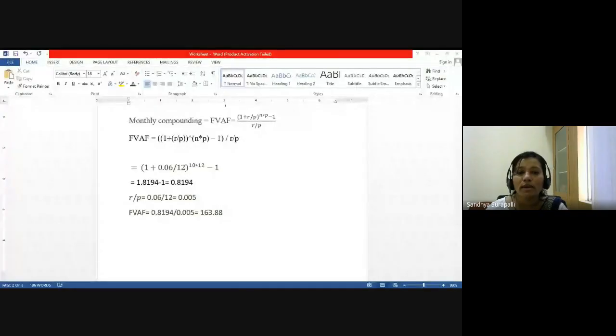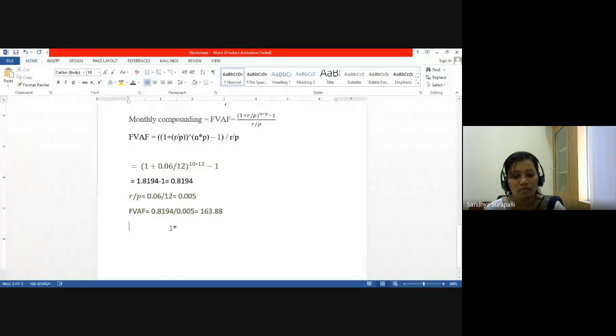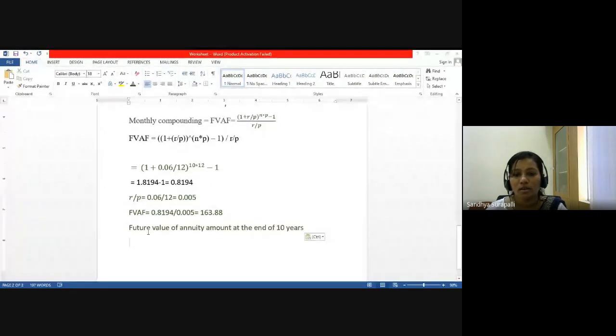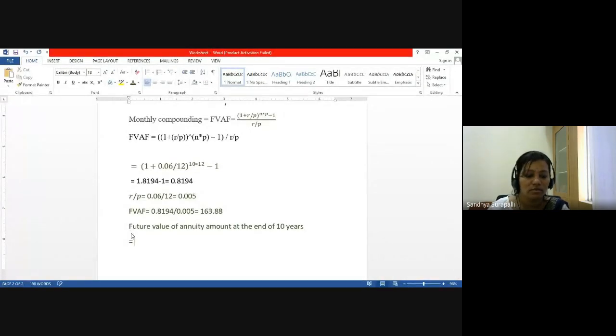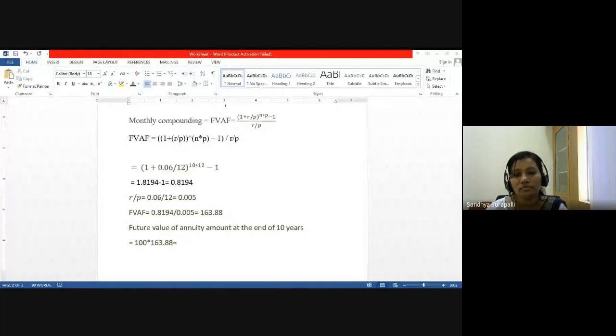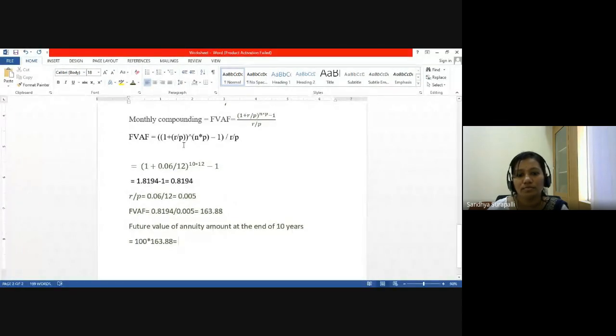This 163.88 is the future value annuity factor that was compounded monthly. Now you have to find out the future value of the deposit he was making every month. He was depositing how much? 100 rupees, right? 100 rupees multiplied with this annuity factor will be 16,388.